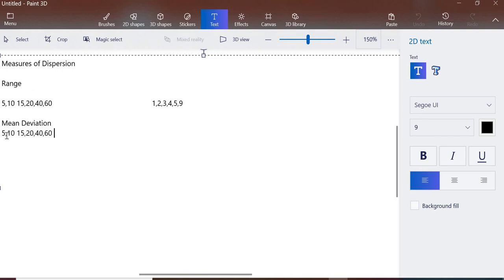What is the mean of it? 25. So here we find the mean absolute deviation. How absolute is the deviation from the mean? So we find the difference of each and every data point from the mean, the absolute difference, and then we average them out. So how can we calculate this?